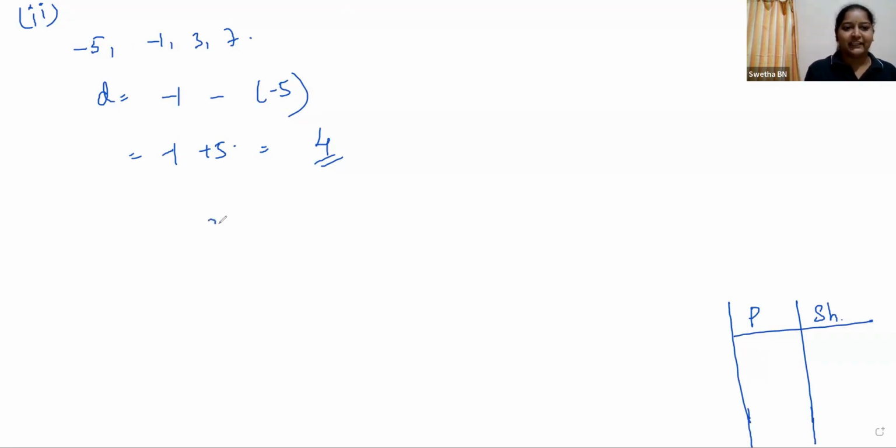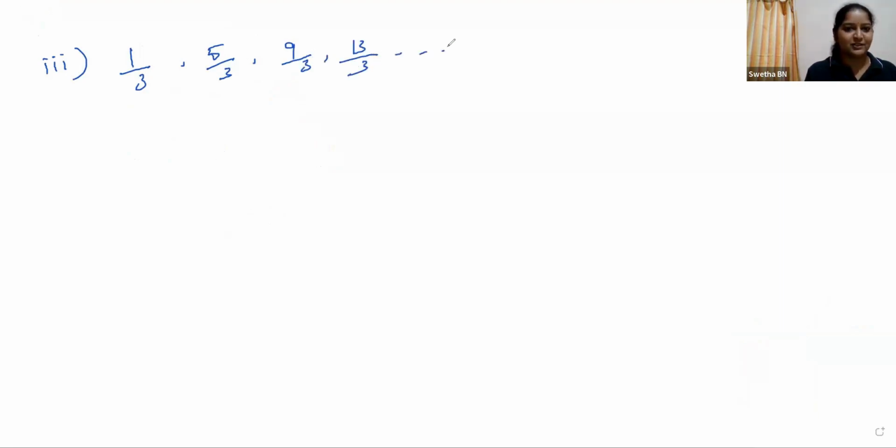Yes, and what is A here? Minus 5. Okay. Then the second one, sorry, the third one. The third sum is 1 by 3, 5 by 3, 9 by 3, 13 by 3, and so on. Tell me what is D. A is 1 by 3.